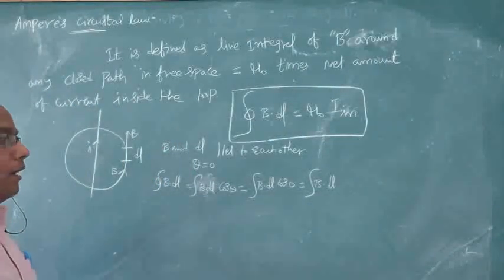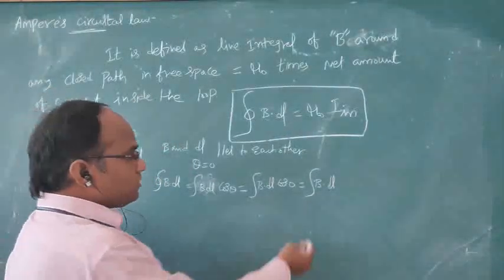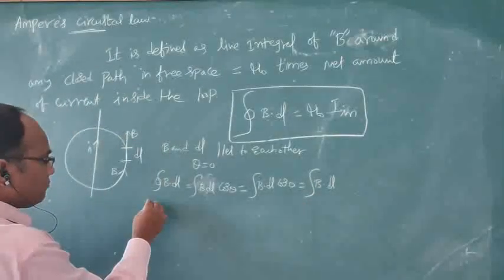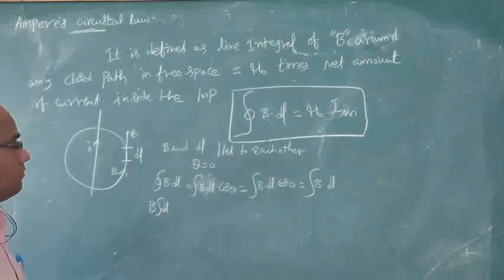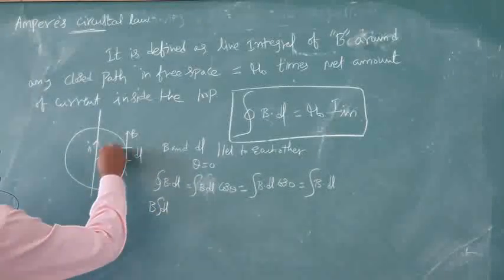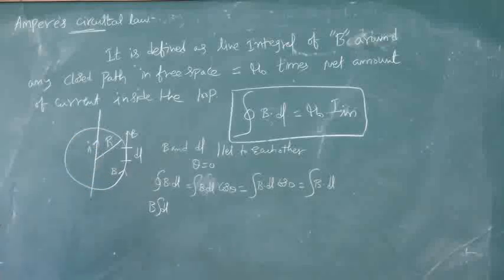Now from this equation we can write B times the integration of dl. This is a circular loop of radius r.